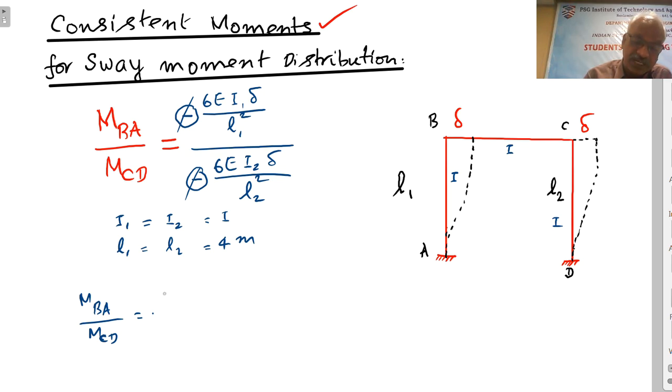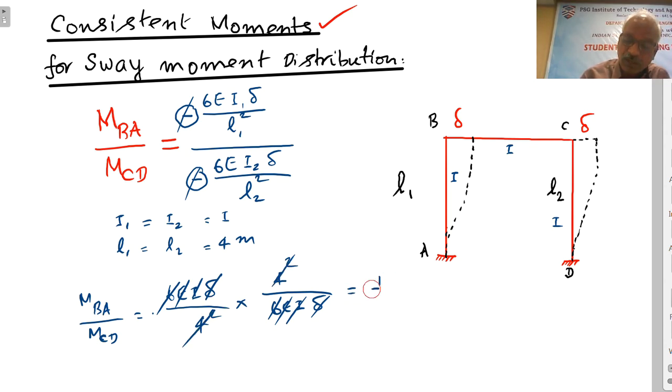So MBA by MCD equal to 6EI delta by 4 square into L2 square, that is also 4 square, by 6EI delta. So delta will get cancelled, I will get cancelled, E will get cancelled, 6 and 6 will get cancelled, 4 square into 4 square will get cancelled, equal to 1 by 1 only.